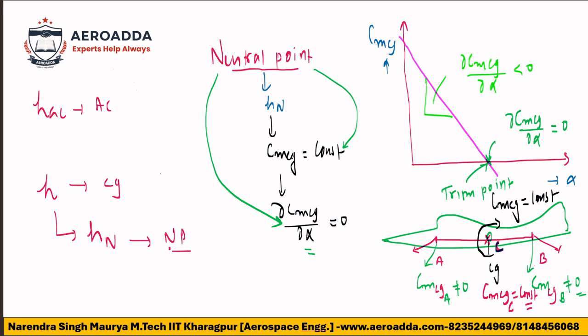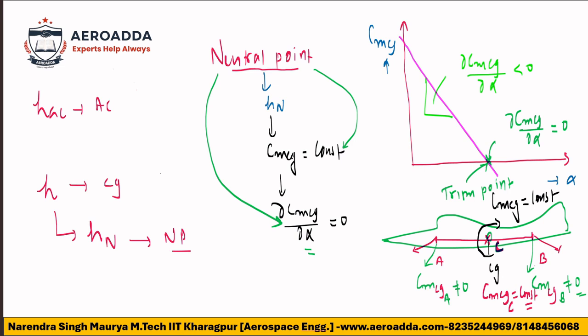And the aerodynamic center is the same mathematical model. The moment coefficient will be constant about the CG, about the aerodynamic center, and about the neutral point. But the aerodynamic center is for only the wing, and the neutral point is defined for the complete aircraft. That is the only difference. Otherwise, everything is the same, right?